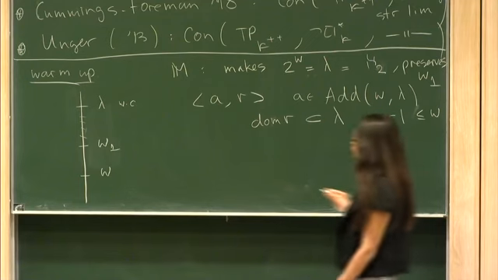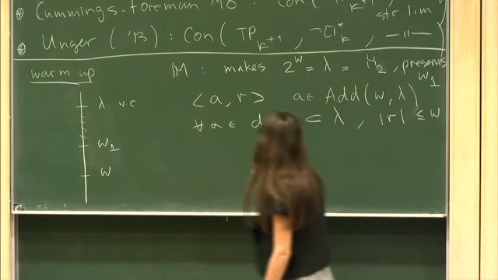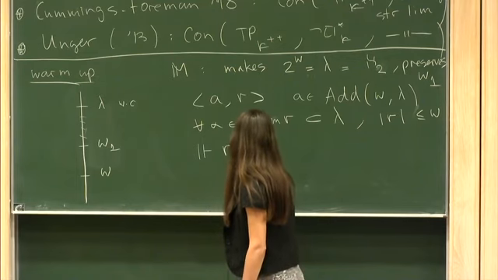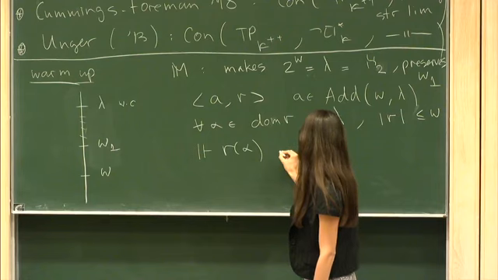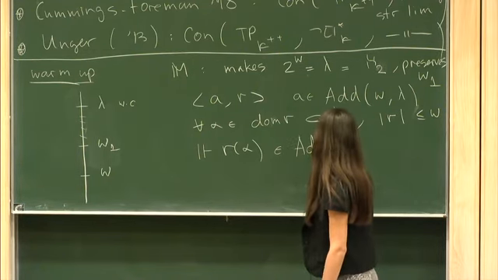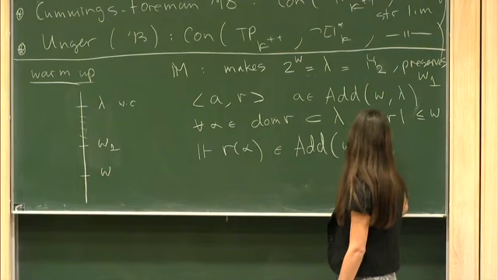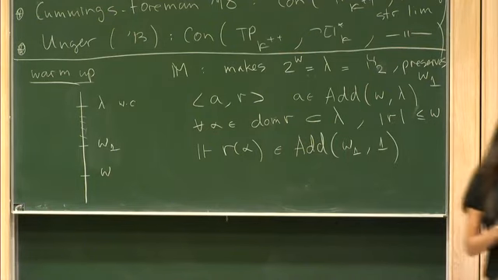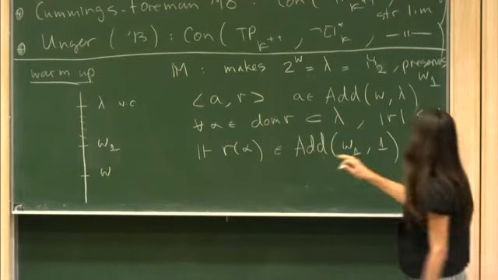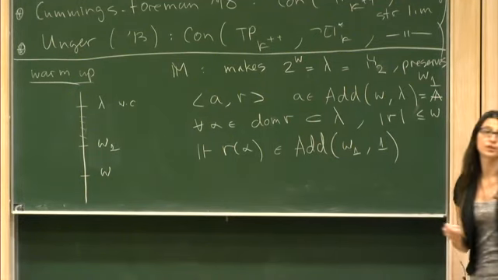For each alpha in the domain of R, we have that R of alpha is a name for a condition in the poset to add one Cohen subset of omega 1, as understood by the poset A restricted to alpha.